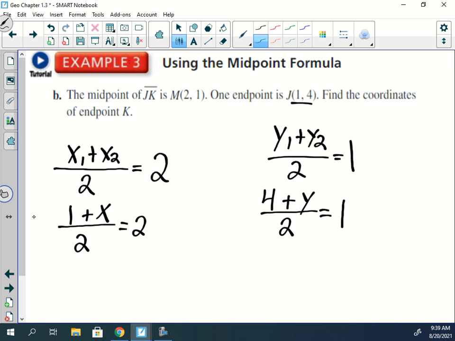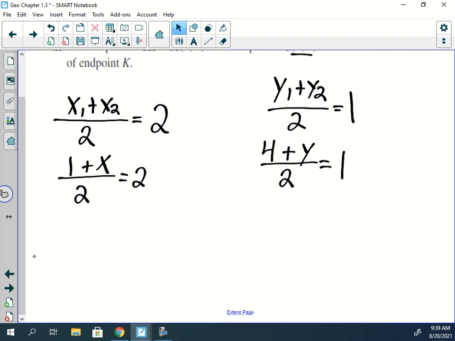So we're going to have to do a little bit more work to find out what the other endpoint is, endpoint K. But the steps that we do to find it are going to be essentially the same thing. The first step in both cases, well, what we're going to do is try to get the variable by itself, yes?